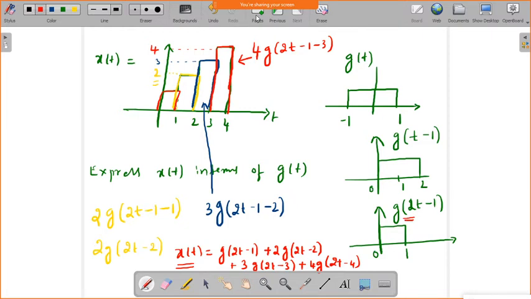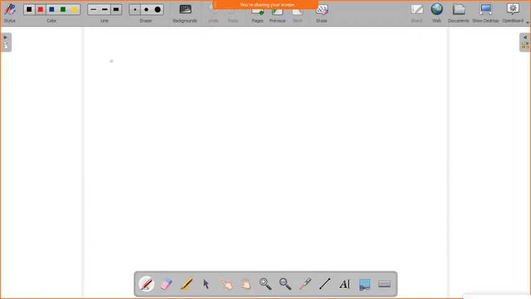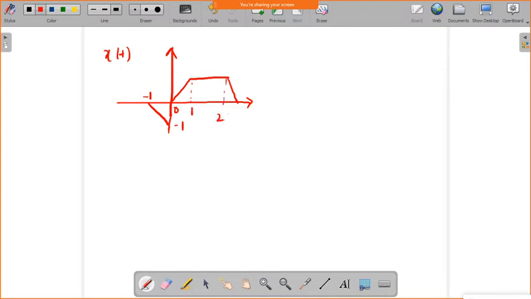Okay, so we'll do the next problem. Now your x of t is given by this one, the ramp signal, where this point is minus 1 on the time axis, and on the positive side it is 1, 2 and 3.